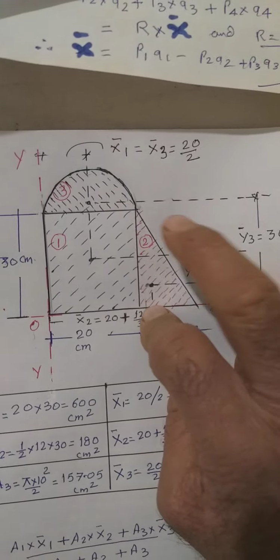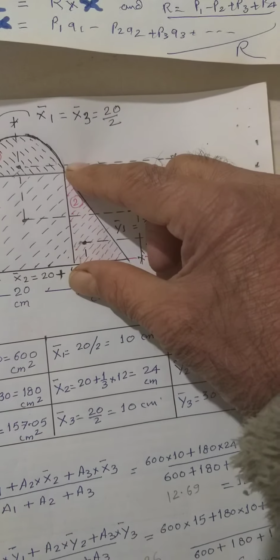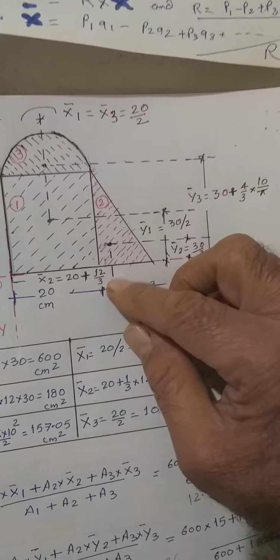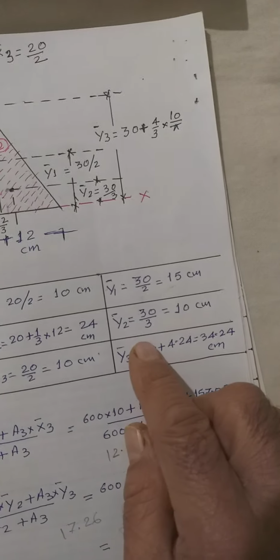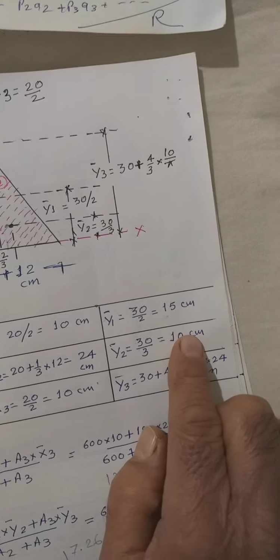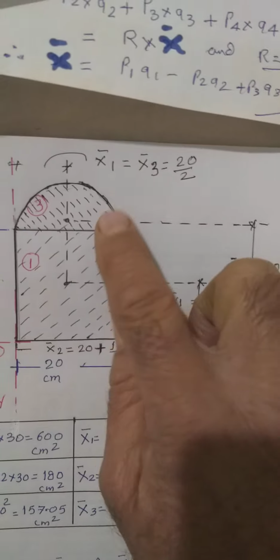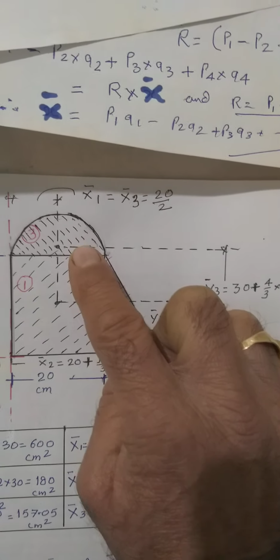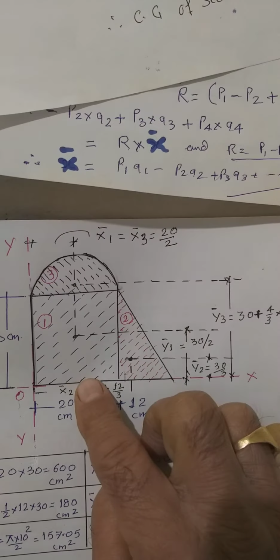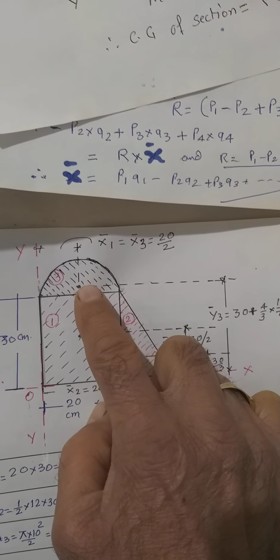Similarly, for this triangle, Y bar starts from here. The total height is already 30, so 1/3 of 30 is 10. You can see it comes out to be 10. And the important part is here. Y bar 3 will not be only this much, but it is to be taken right from this origin, this base, and it will be this plus this much.